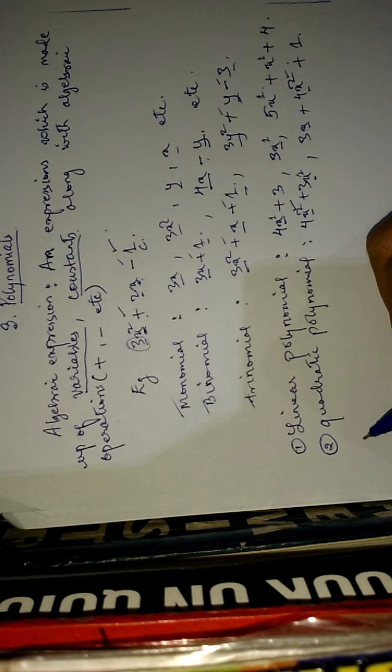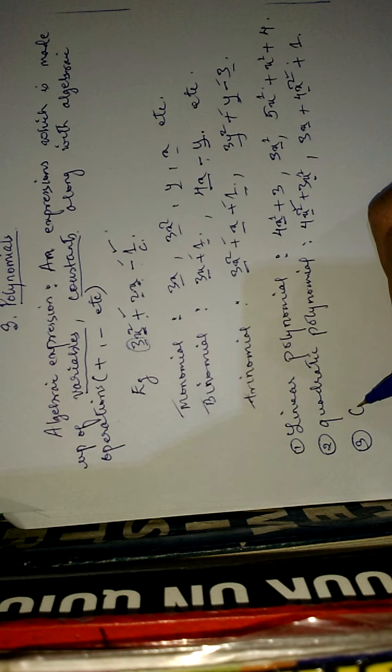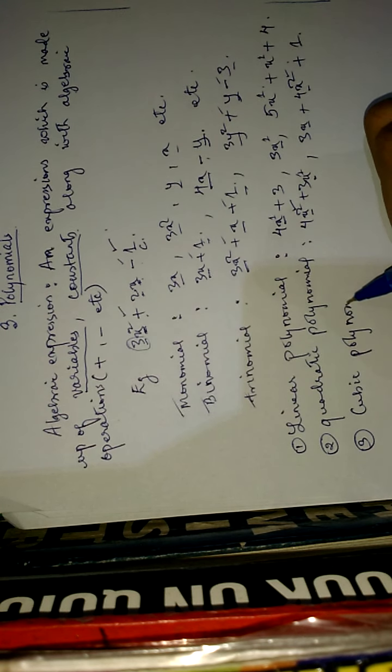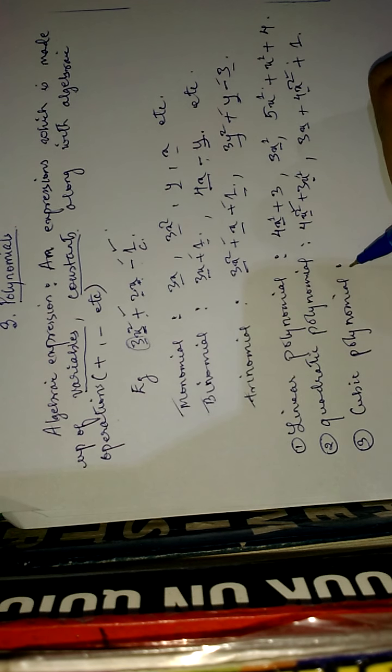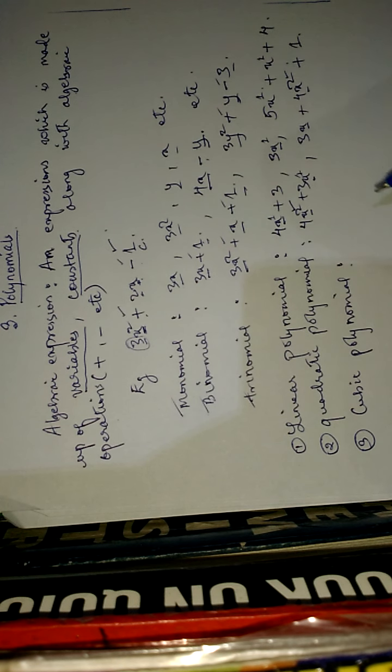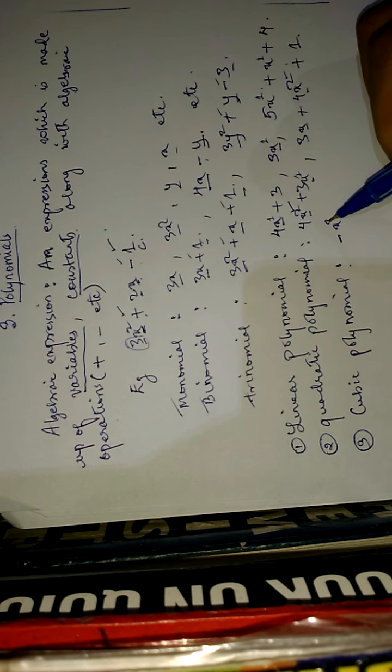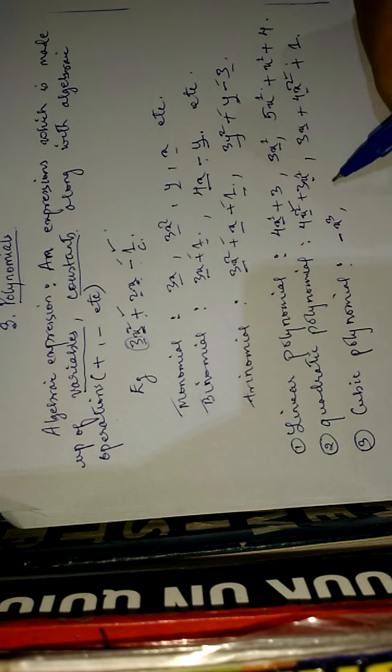Yes, cubic polynomial. In this case, the power or the degree of the variable should be 3. Highest variable power should be 3. For example, x cube, or you can say 4x square plus 3x cube plus 5.